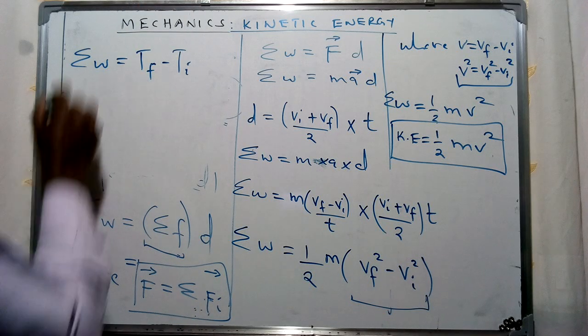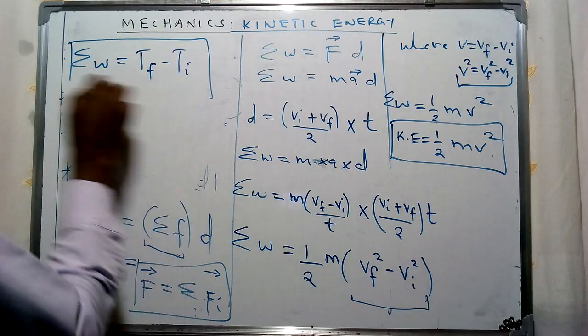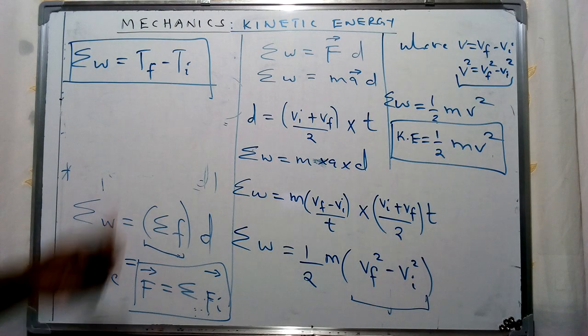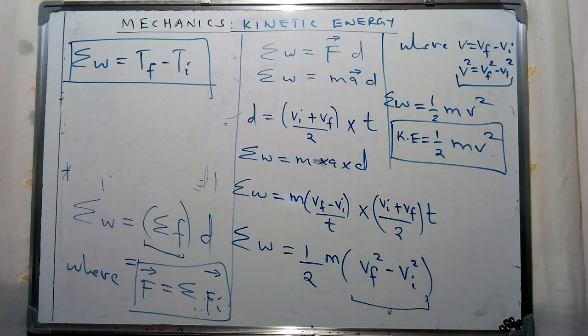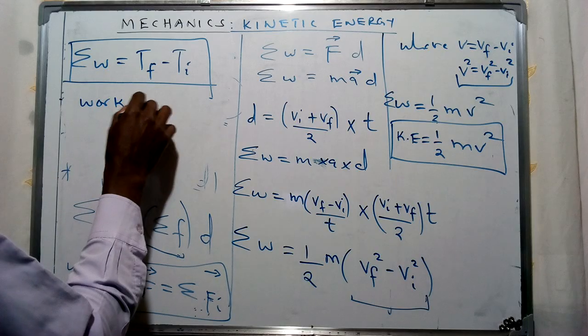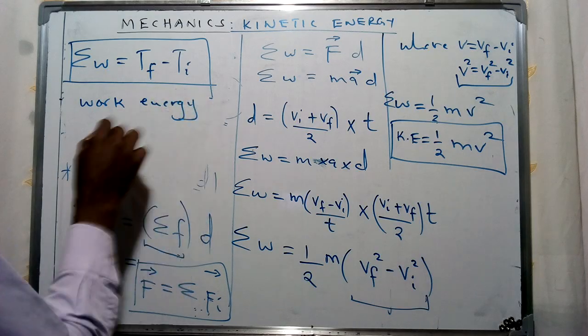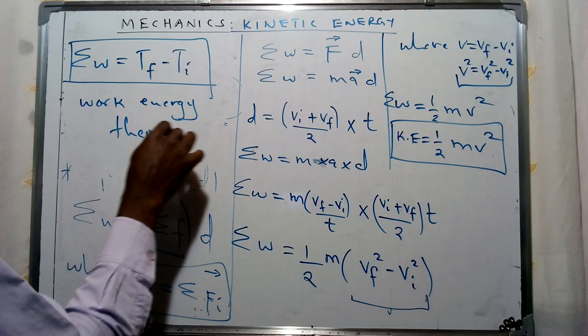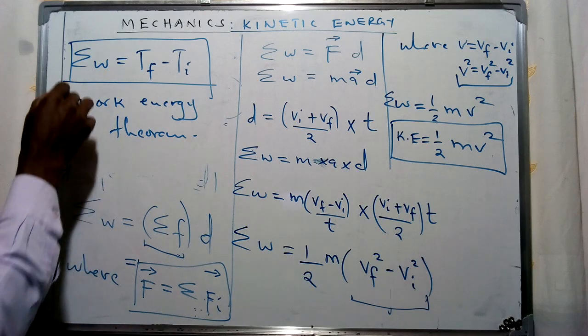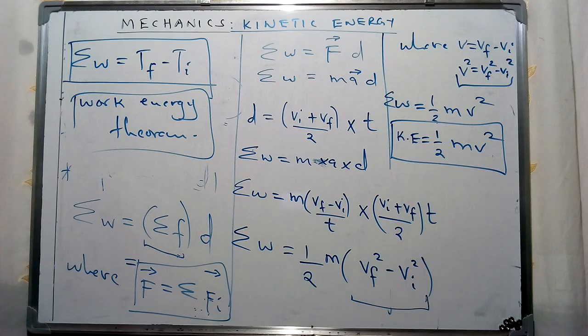This is going to form another important element of the representation we're going to come across in our various discussions, and this is what we refer to as the work energy theorem, or the work kinetic energy theorem in some of the literature. We're going to elaborate on that in case we come across it.